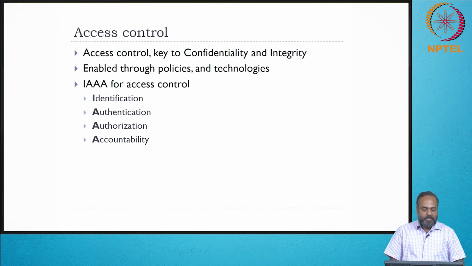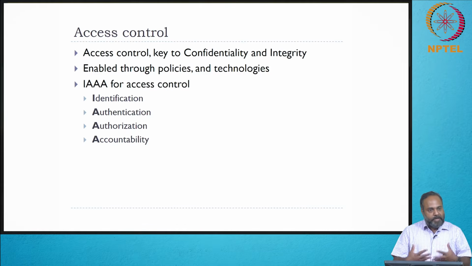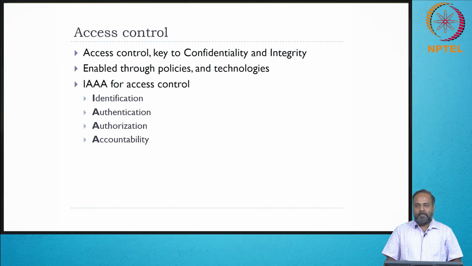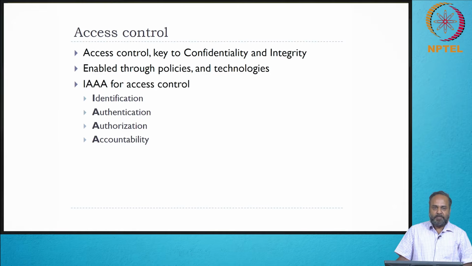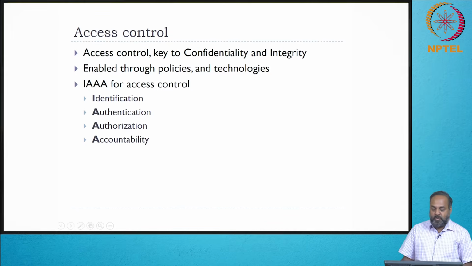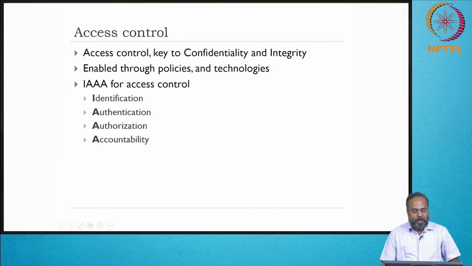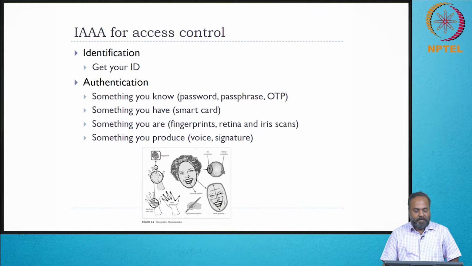This also we have covered in one of the sessions: identification, authentication, authorization and accountability. Now in this session we are going to see how technology can be used for this access control mechanism. We have discussed what access control does, but briefly we will try to see how access control technology serves to affect the function of CIA, or how access control is enabled by technology.